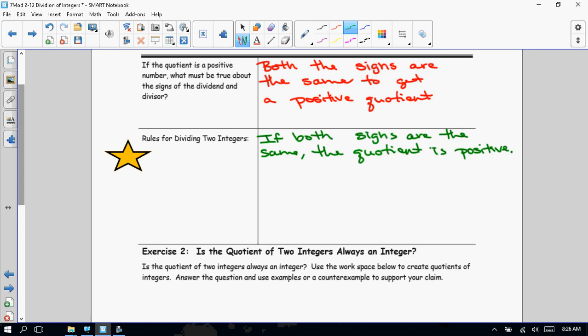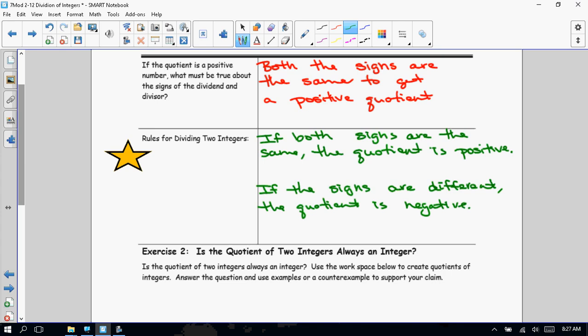All right, and the same could be said if the signs are different, the quotient is negative. Okay, if the signs are different, the quotient is negative. Does that sound vaguely familiar to you guys?